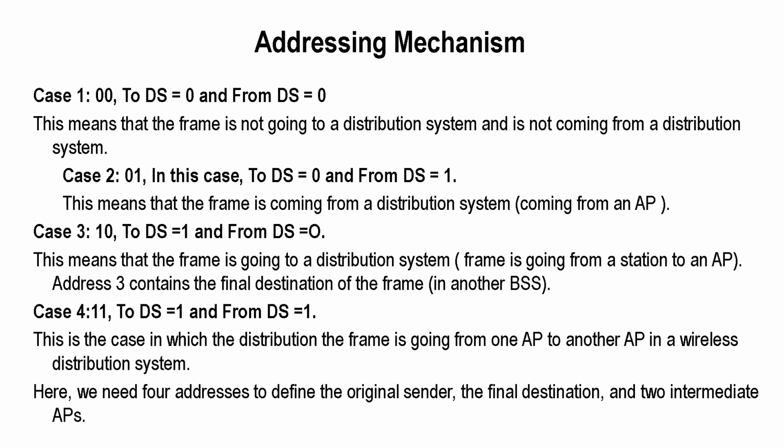Now let us think about the addressing mechanism. This is the one which is different from other addressing systems. As we know, To DS and From DS are the two fields from the FC that are used for the addressing mechanism. Those fields can be 00, 01, 10 or 11.